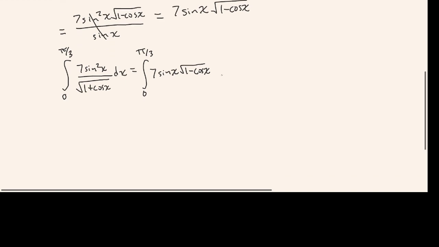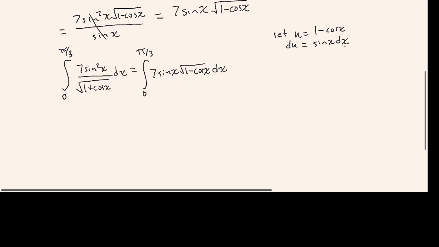Okay, so from here we can use a u substitution. We'll let u equal 1 minus cosine x. So then du will be sine x dx. Okay, and we've got a sine x dx here.